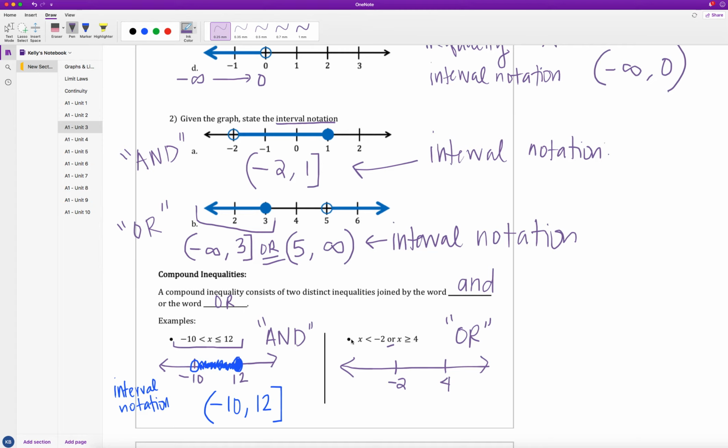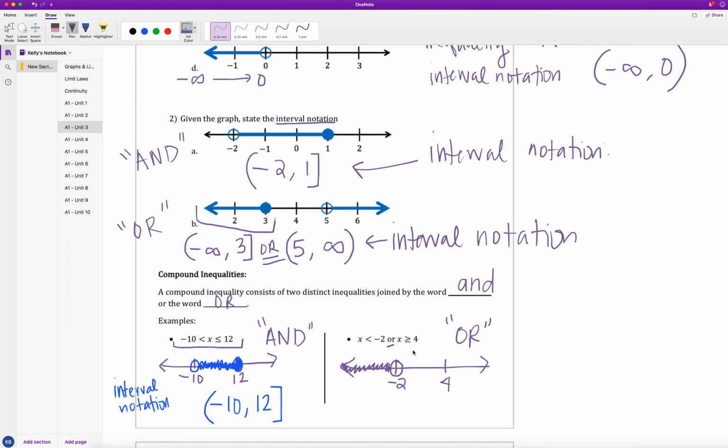So I have one piece where x is less than -2. At -2, will I have an open or a closed circle? I will have an open circle because there's no equal to bar. And am I going to shade to the left or to the right of -2? I'm going to shade to the left of -2 because it is less than -2. That takes care of this first piece on the left.